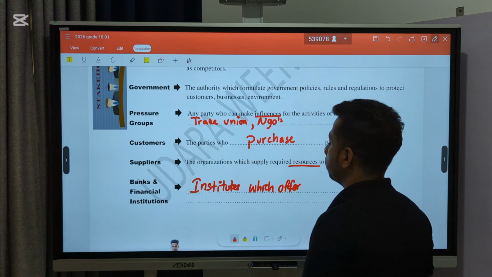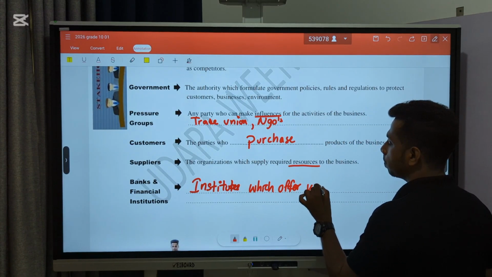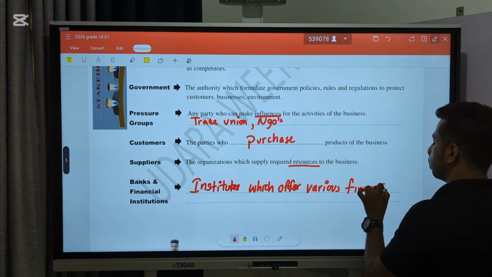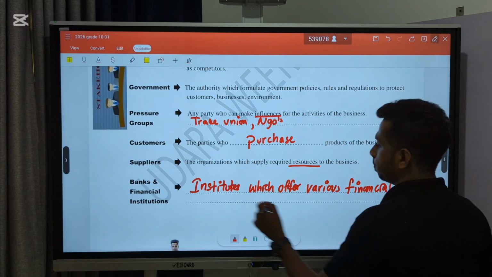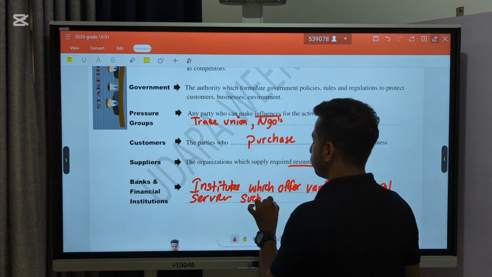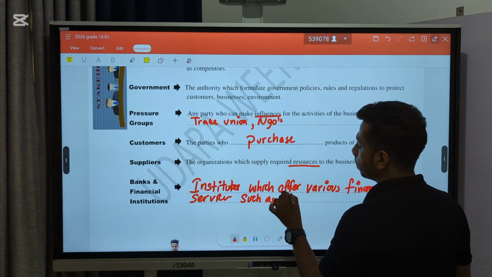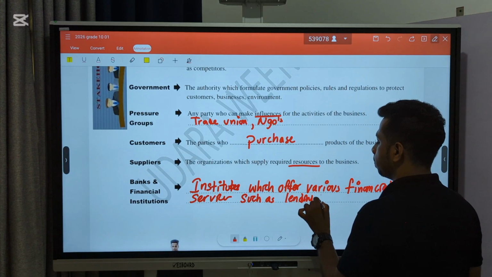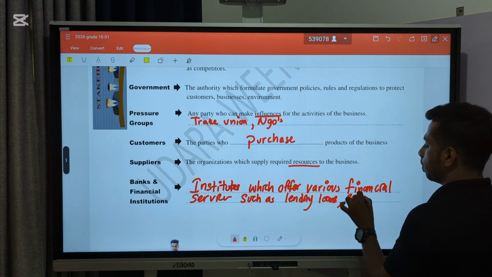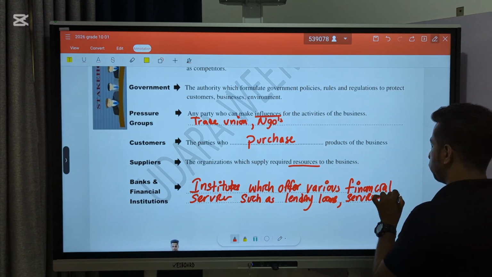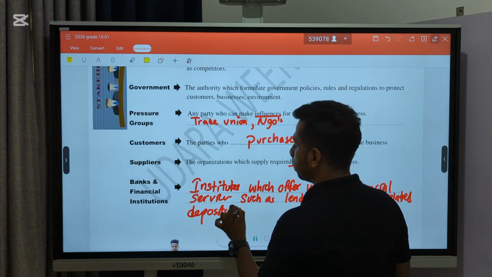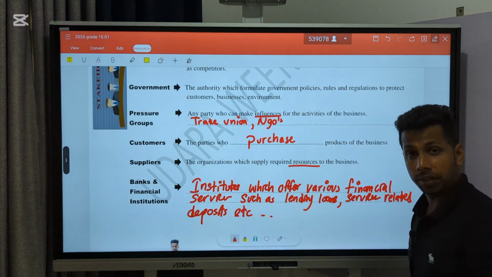Institutes which offer various financial services such as lending loans, services related to deposits, etc. End of thinking capacity, no?